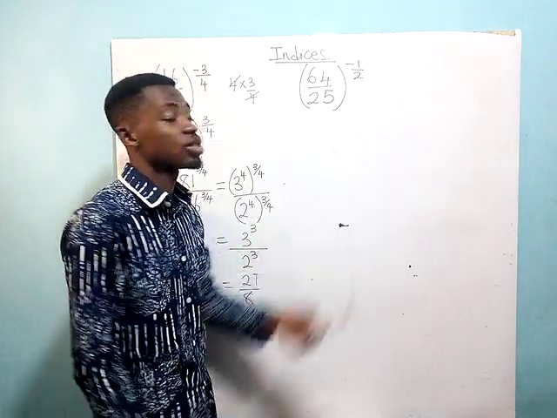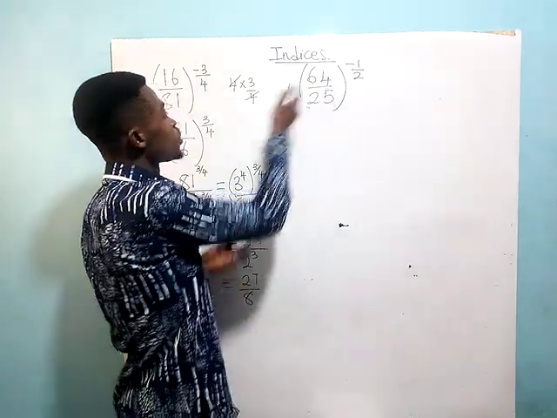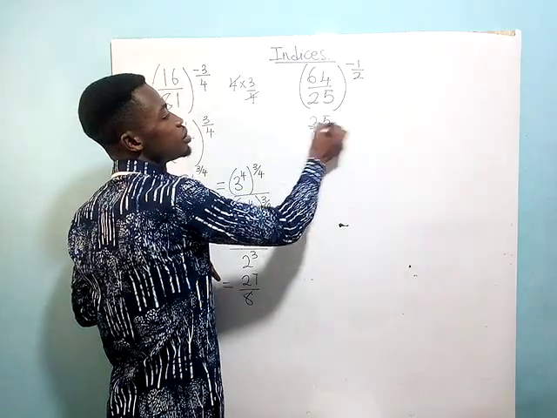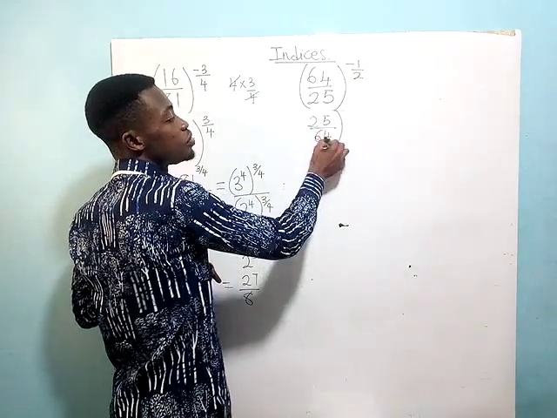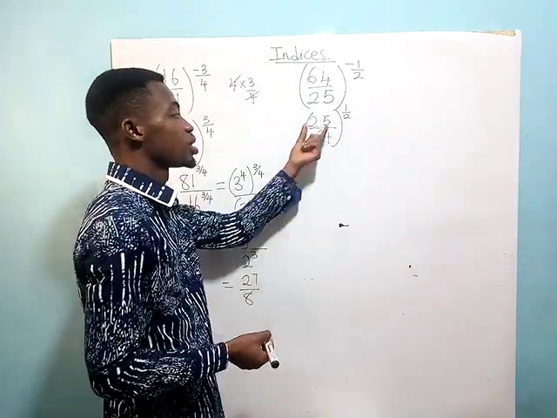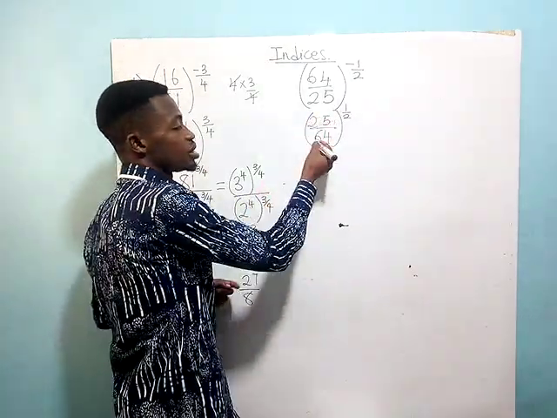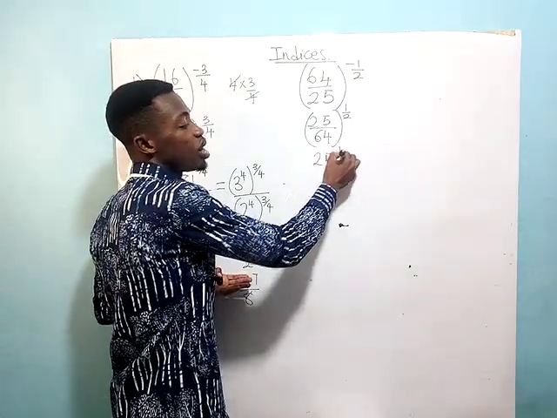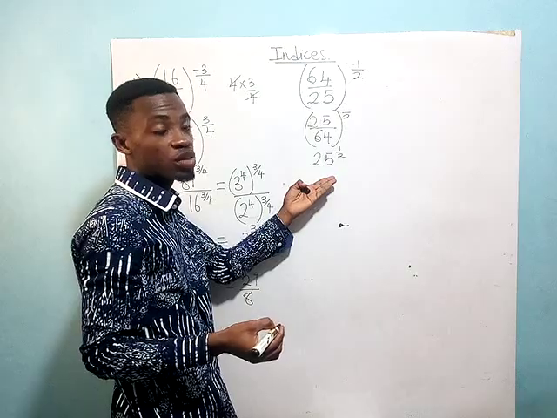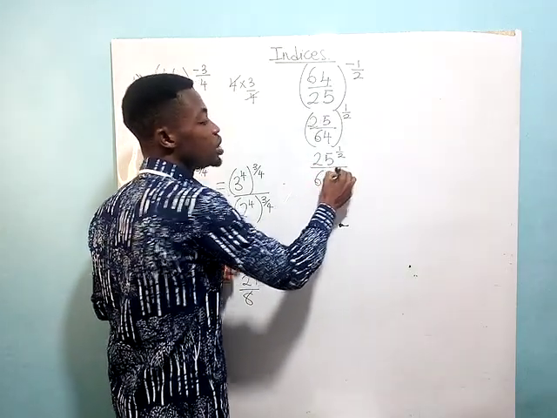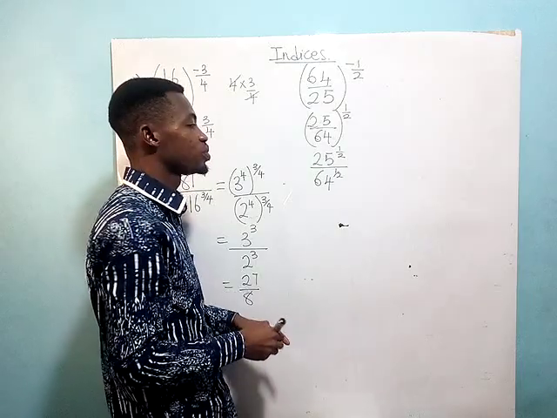Okay, so let's solve this question. So from what we did here, we are going to have 25 on 64, all raised to the power 1 over 2. This is the same as 25 raised to the power 1 over 2 on 64, all raised to the power 1 over 2.